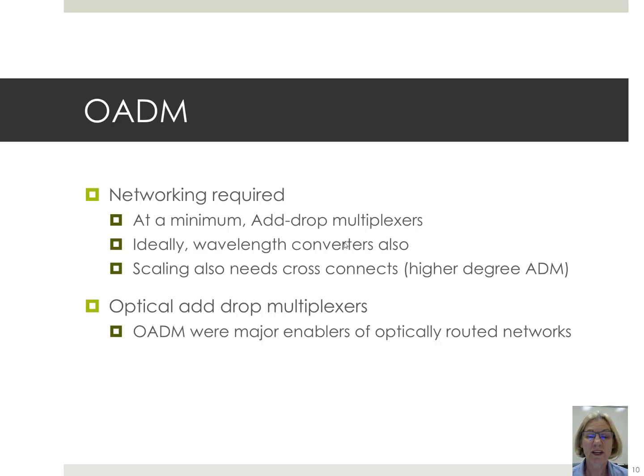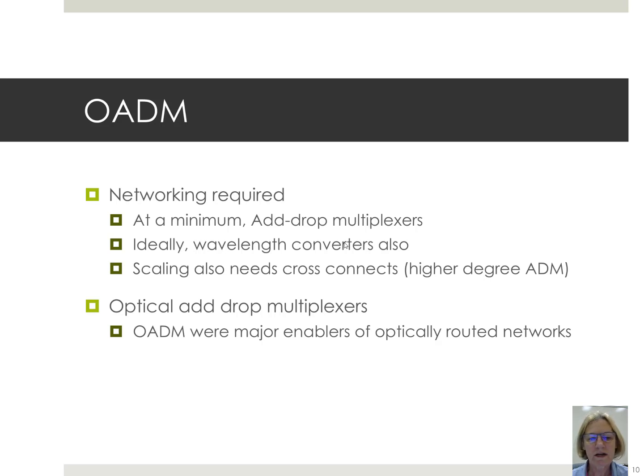Ideally, it would be nice if we could convert from one wavelength to another, but of course we can do routing without it. It's just that we'd have richer routing opportunities if we could do wavelength conversion. It would also be able to scale as the needs grow for different kinds of cross connects. That means that we would like to have a higher degree add-drop multiplexer.